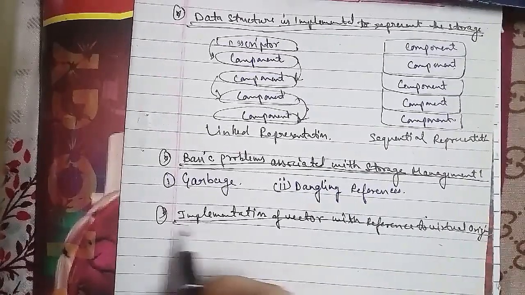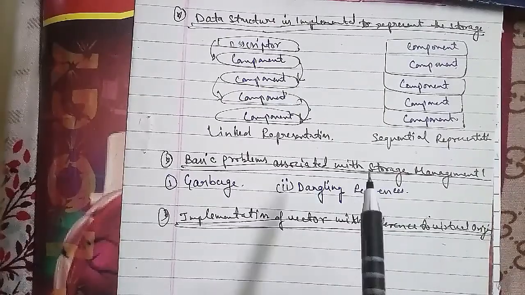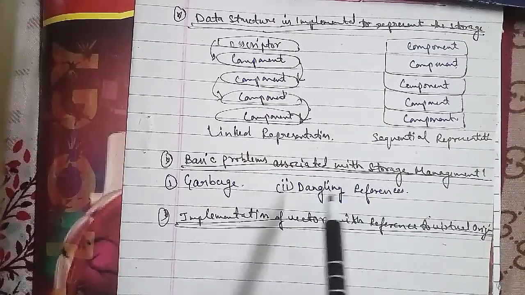So here let us address the element with the subscript 0 of a given vector.